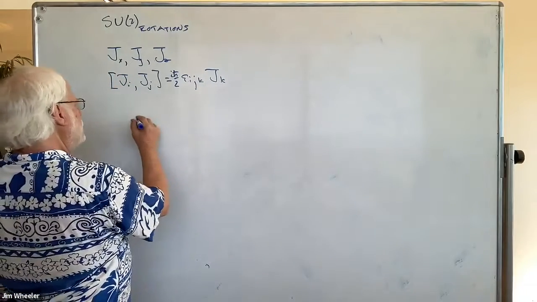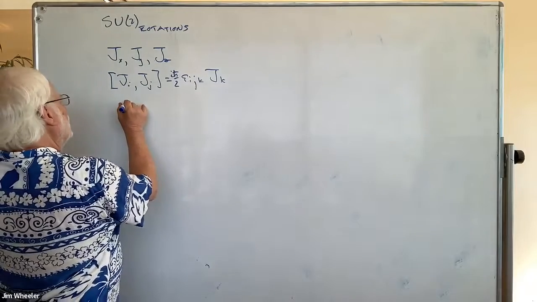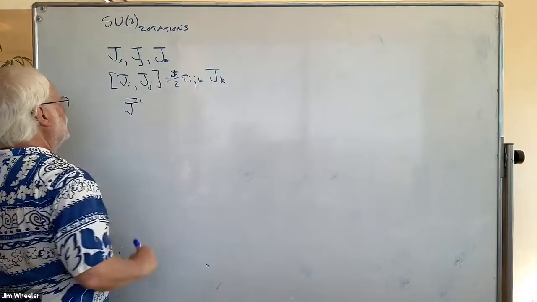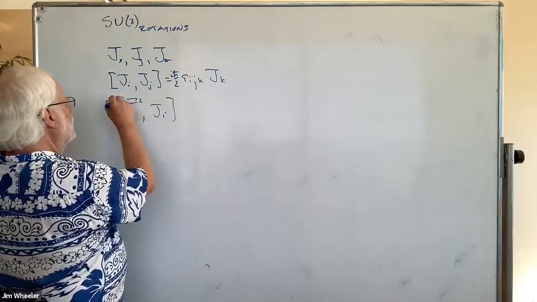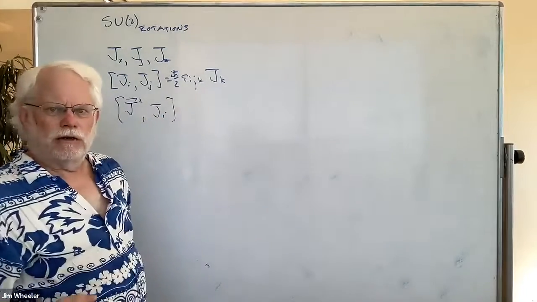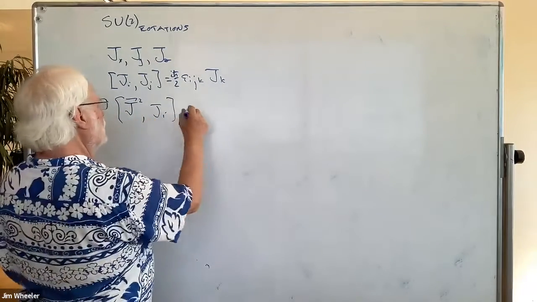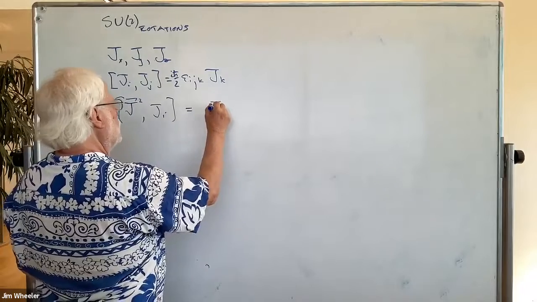Now, from this, we show that J² commutes with everything. It's a Casimir. It's not hard to see that it commutes. Let's just do it.